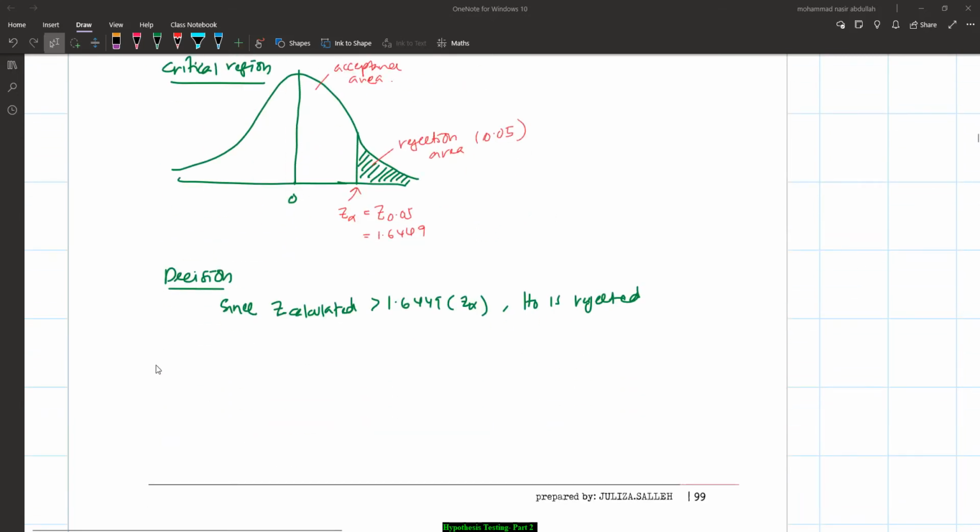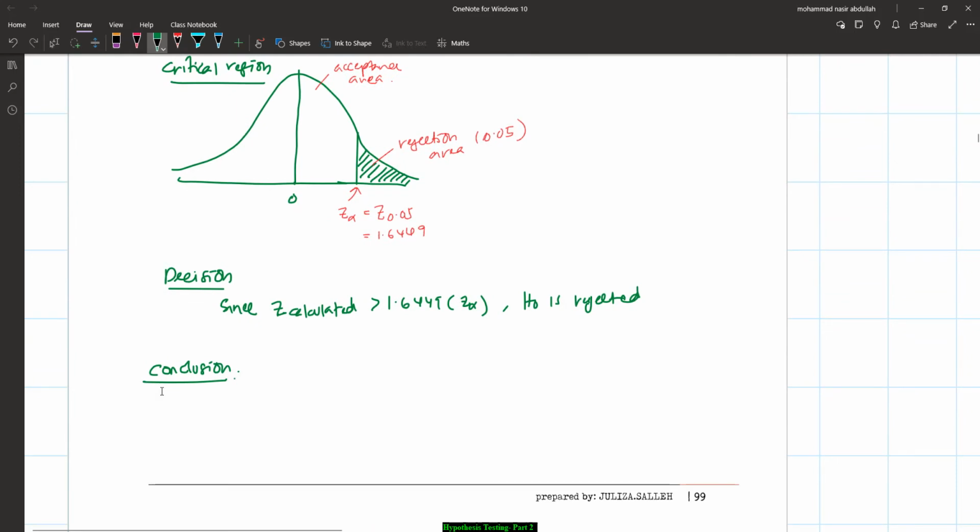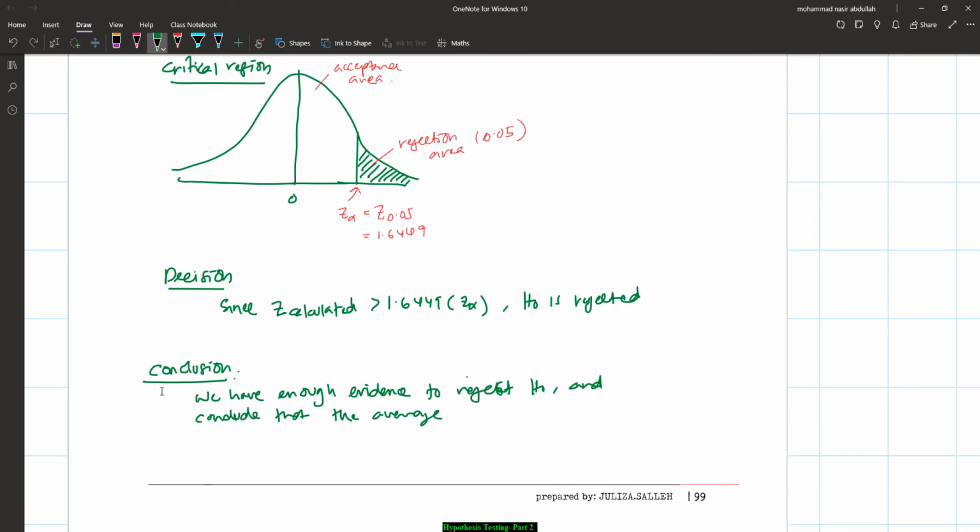So conclusion, we have enough evidence to reject null hypothesis and conclude that the average lifespan is greater than 70 years, right?